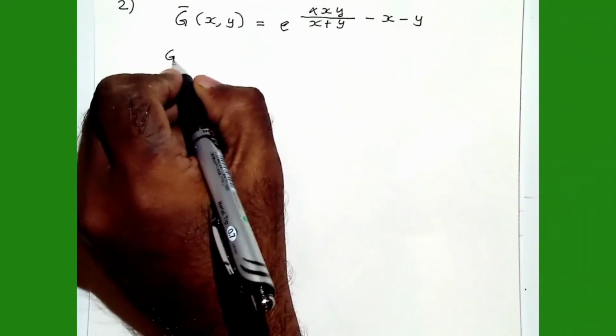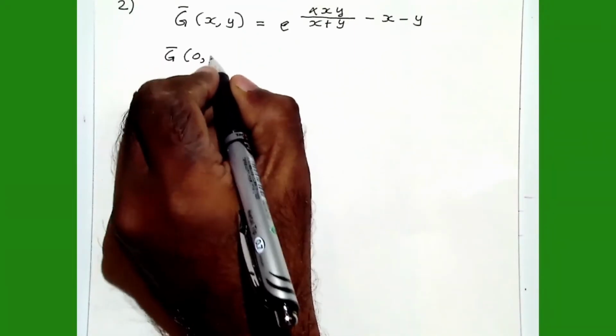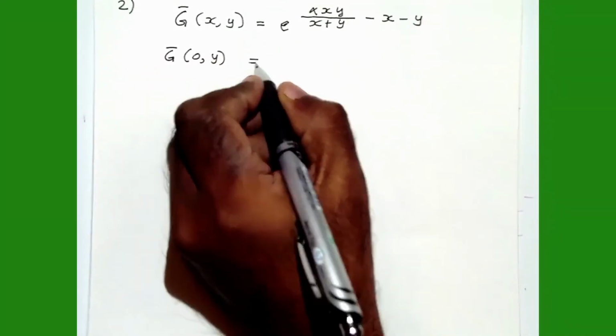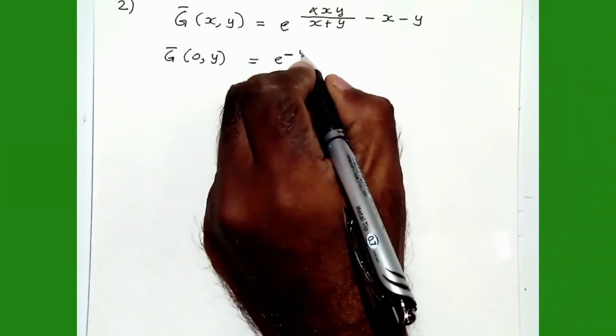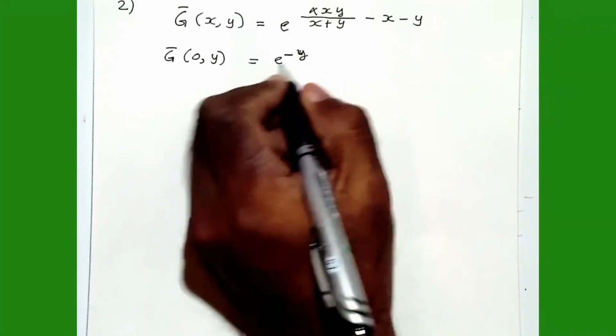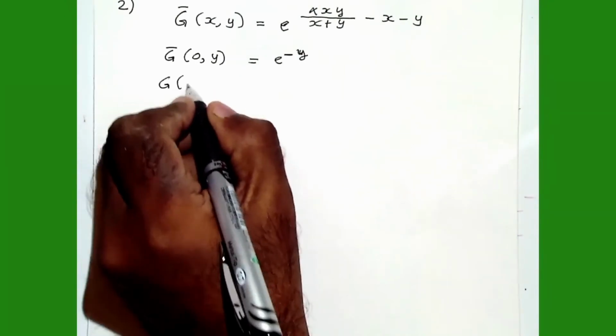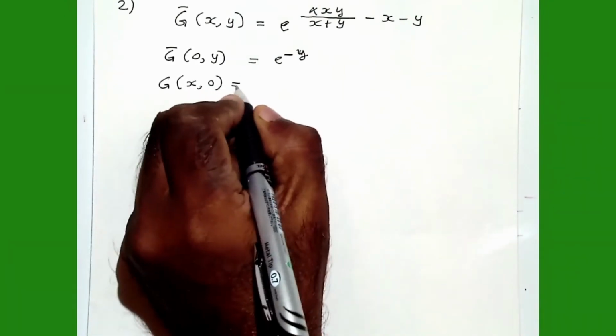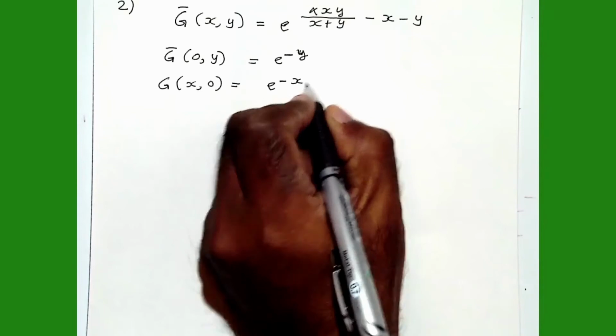So you put first x equal to 0, and this will give you e to the minus y, and then you put y equal to 0, this will give you e to the minus x.